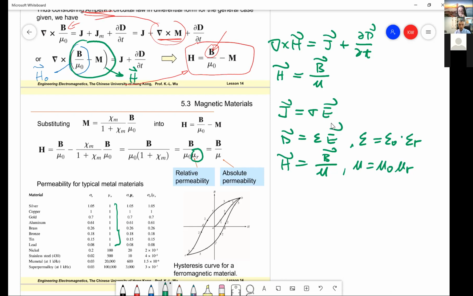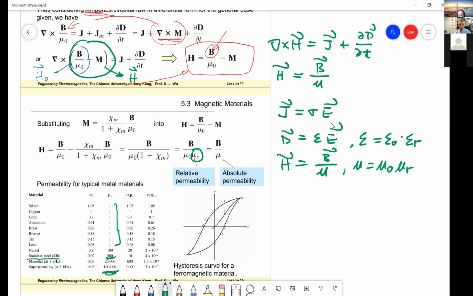For silver, copper, gold, aluminum, brass, bronze, tin, lead, nickel, mu equals 1. That means the permeability is the same as free space. Only for some very special materials, like stainless steel, is it pretty high. And for some materials, you have a very, very high value.